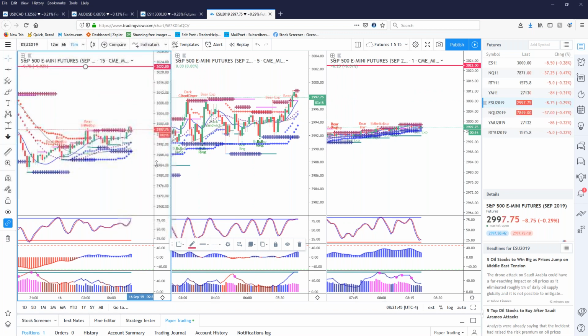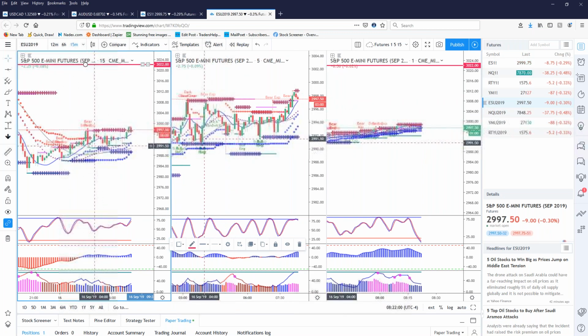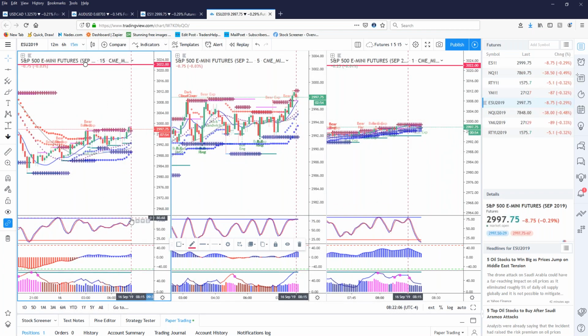So I want an entry, okay, but I don't want to risk what it's telling me on the 360. So what am I going to do? Well, you did have an entry right here at these ATRs, but do you see how this is almost overextended now?